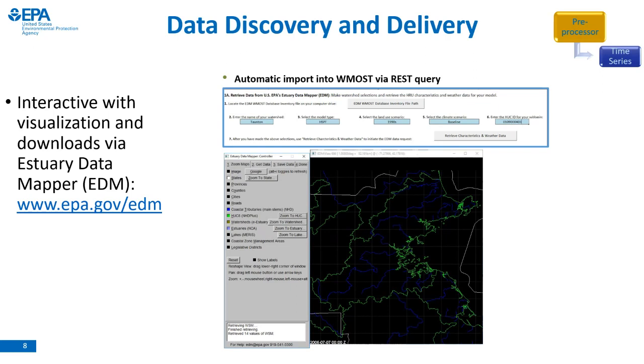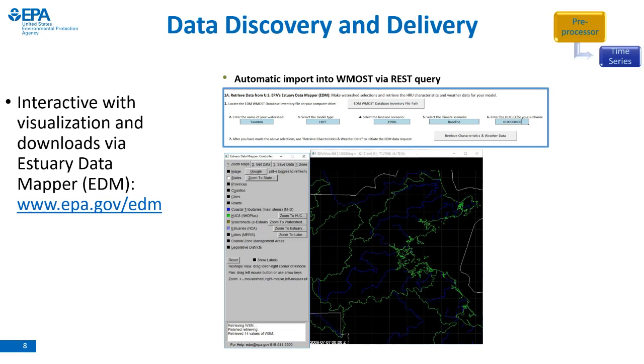You start out by telling WMOST where your database inventory file is located on your computer, and then entering the name of the watershed of interest, the model type, the land use scenario, which could be past or future scenarios in some cases, the climate scenario, baseline or future climate scenarios, and then a HUC 12 or HUC 10 of interest for the subbasin.